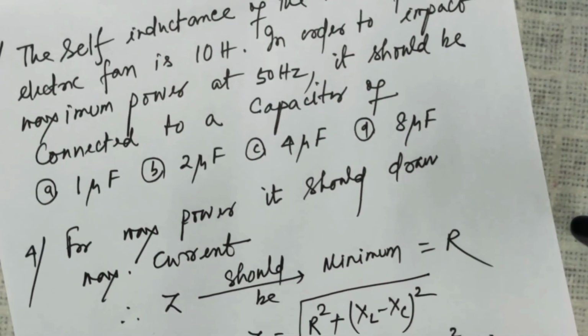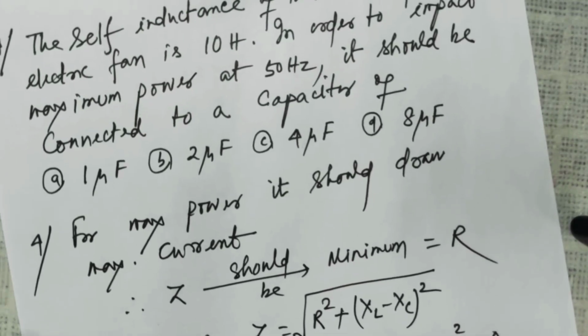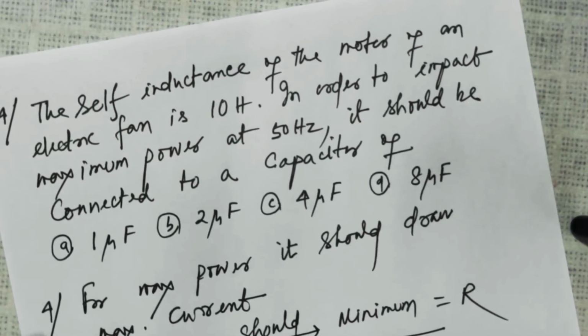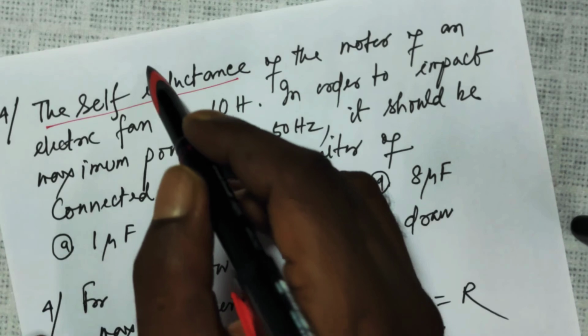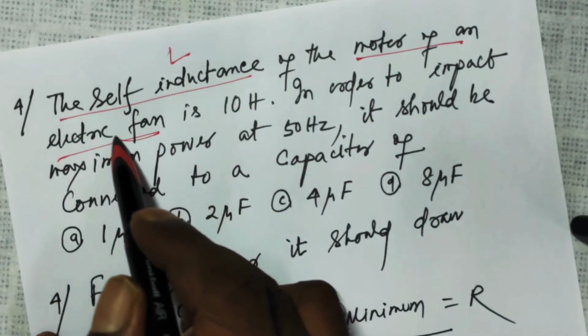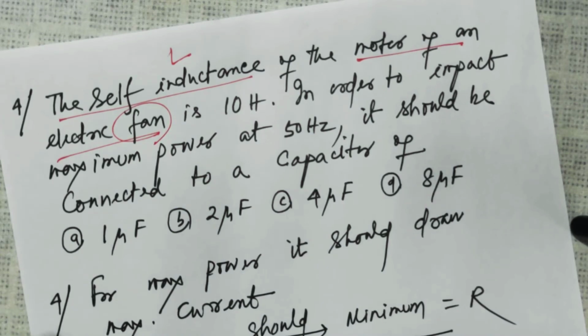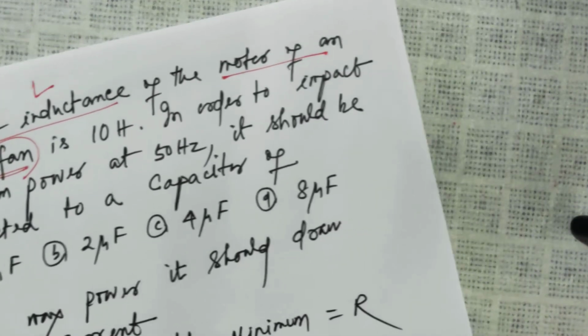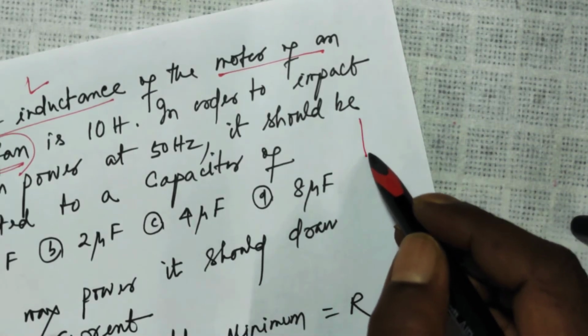Now, coming back to the fourth one, very simple. The self-inductance L of a motor of an electric fan. Your household fans, if you look at the back of the fan, there will be a capacitor. And this is your fan, right?